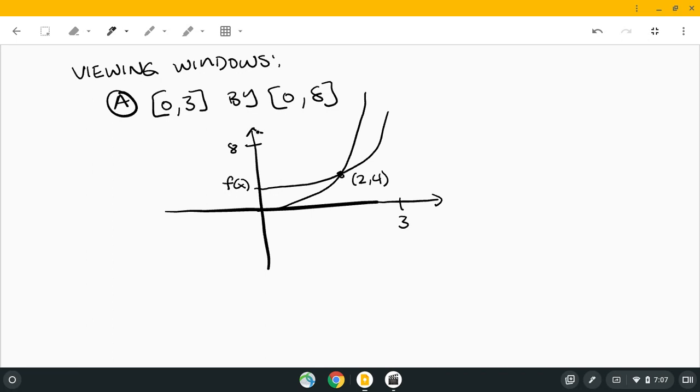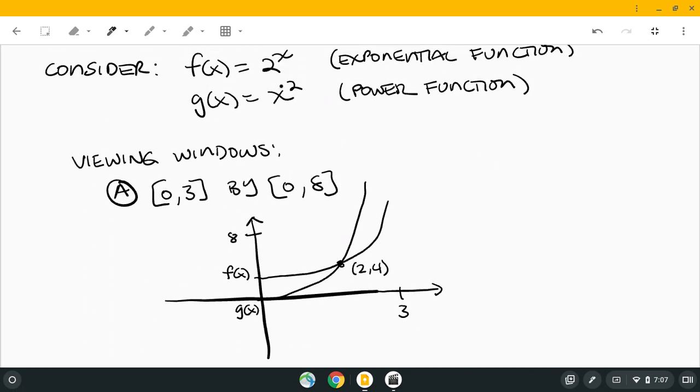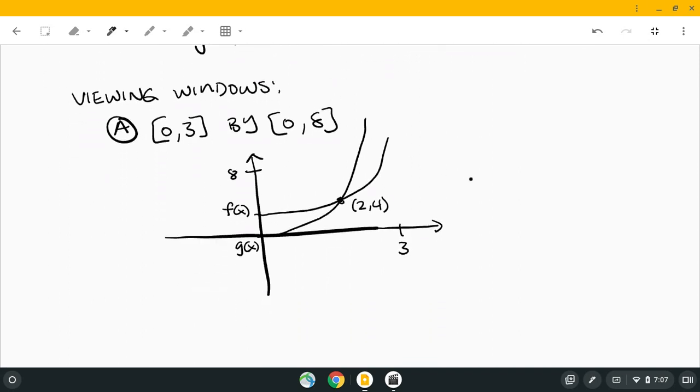When we look at this tiny window, it looks like, oh wow, g of x, over here, is increasing much faster. And that's the power function, right?